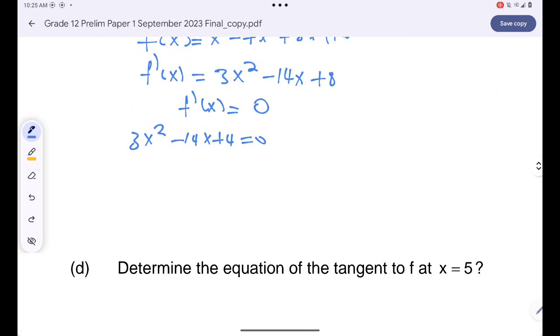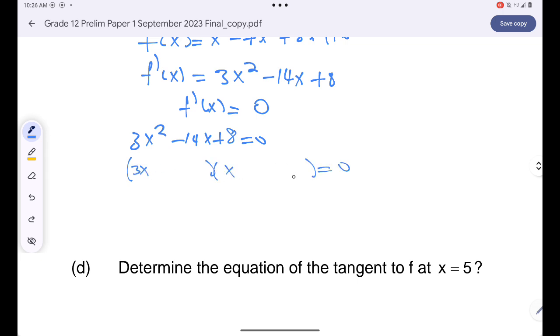Okay, let's just factorize this quadratic equation, guys. Why did I write 4 over there? Because it's supposed to be 8. Okay, I'm looking for the factors that when I add will give me 14. So I'll have 3x, x, 4, and 2.